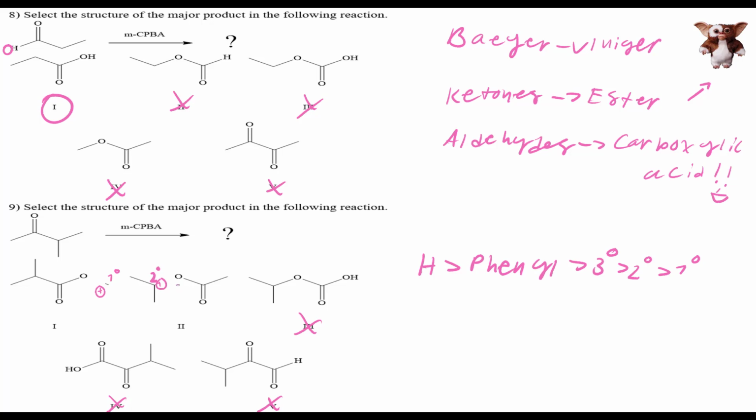And then you're going to add your oxygen, the ester oxygen, to the side that gives you the best carbocation. So in this case, if I add it on the left side, I'm going to get a secondary carbocation, which is great. If I add it on the first side, or the right side, on this one, I'm going to get a primary carbocation, and that's really bad. It's not good, it's not reactive. So the answer choice should be B.